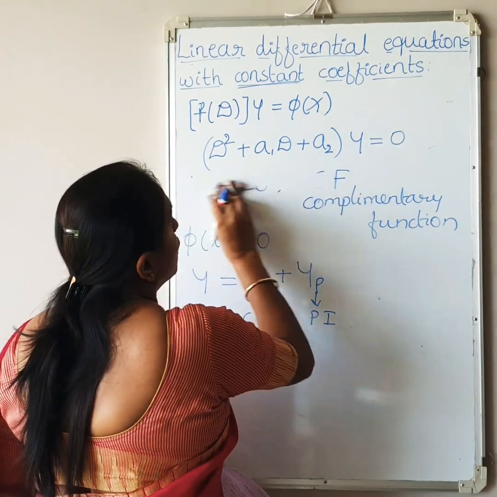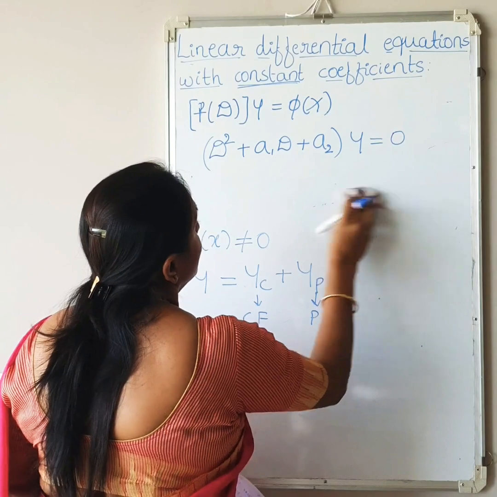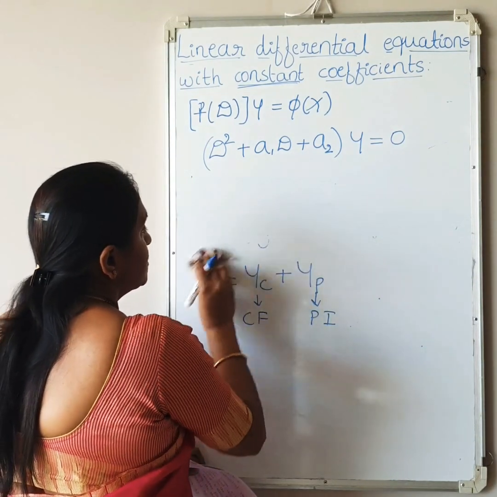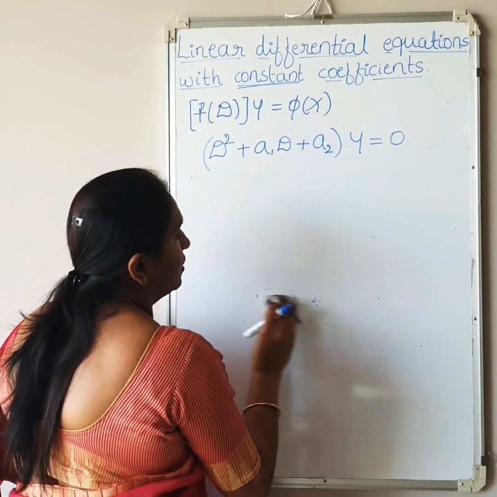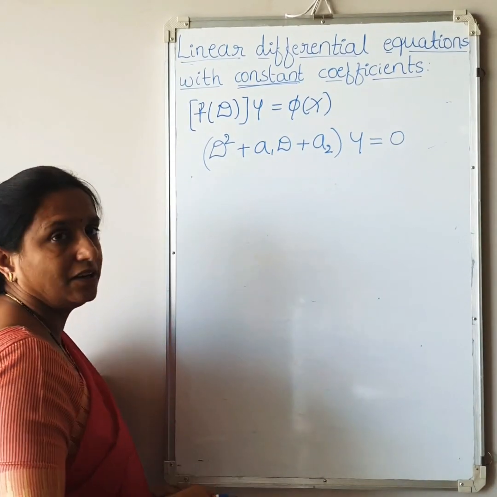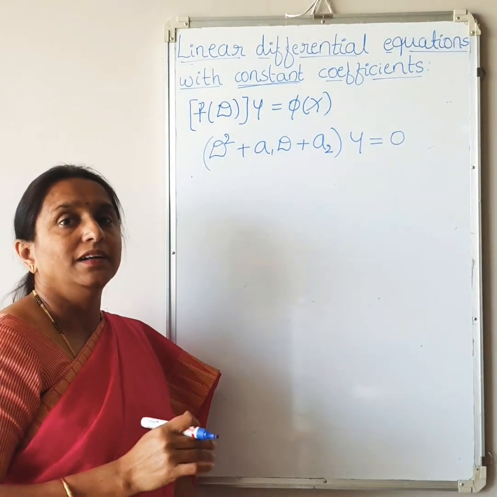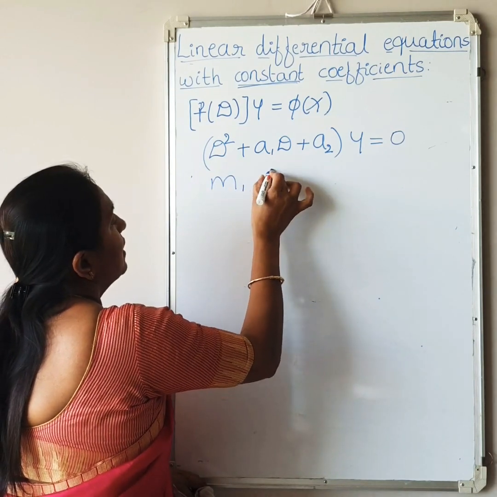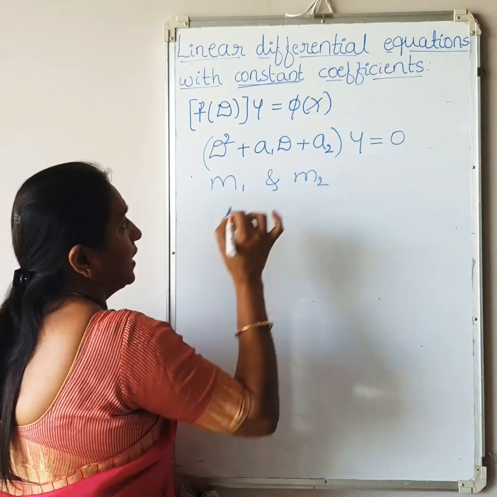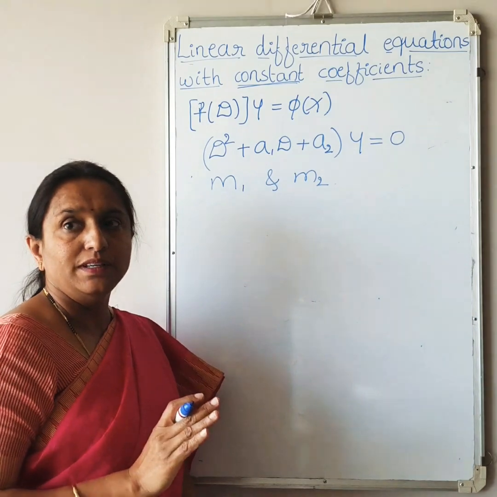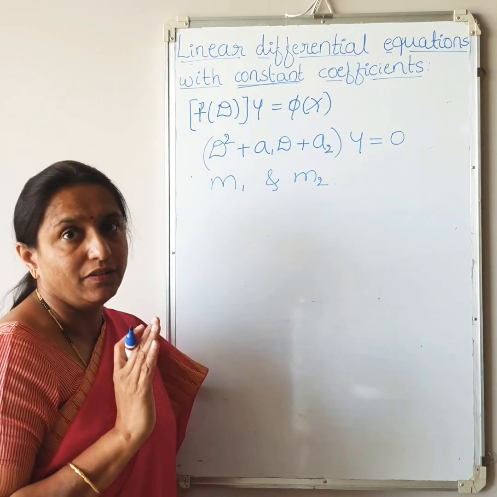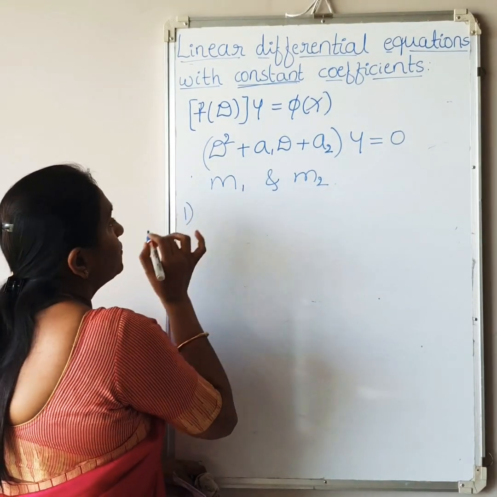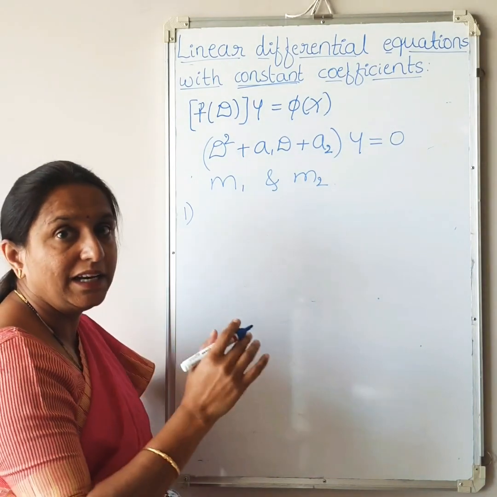First we'll study the rules. What are the rules to write the solution? Here we have considered second order, that is a quadratic differential equation. If it is quadratic, then we'll get 2 roots. Let the roots be m1 and m2. These are the 2 roots of the equation. We'll get 3 types of roots.